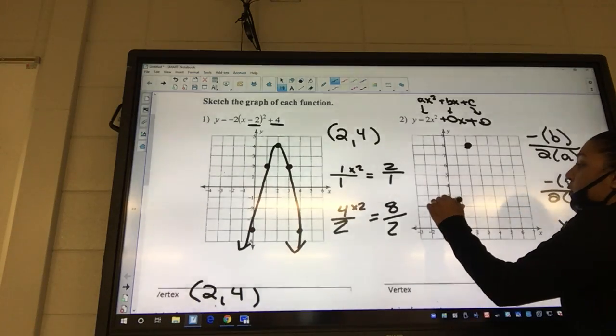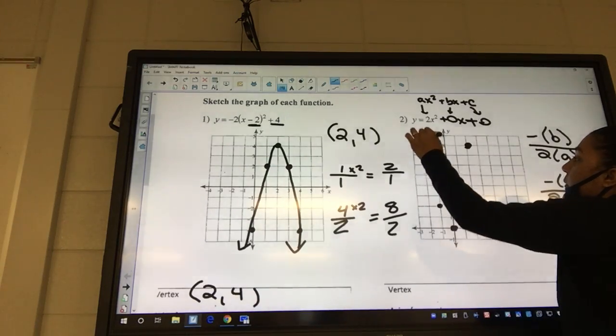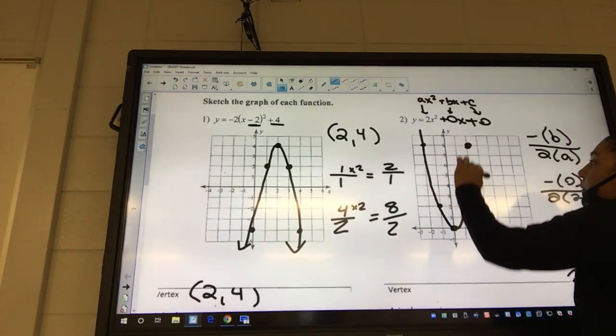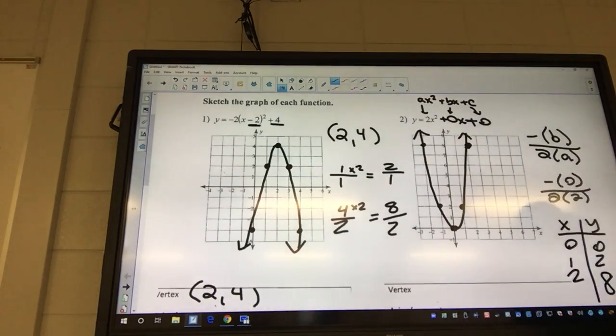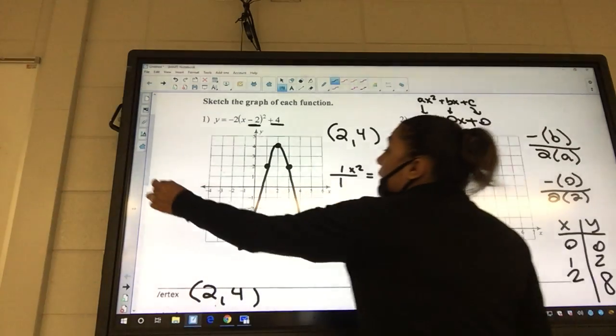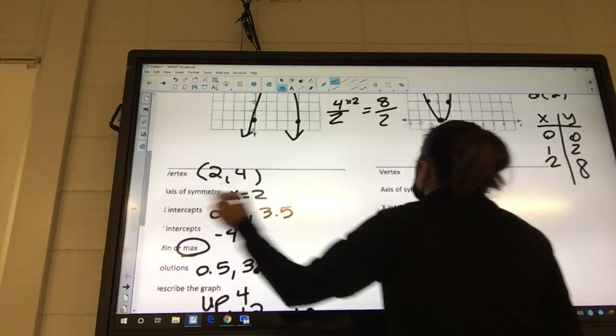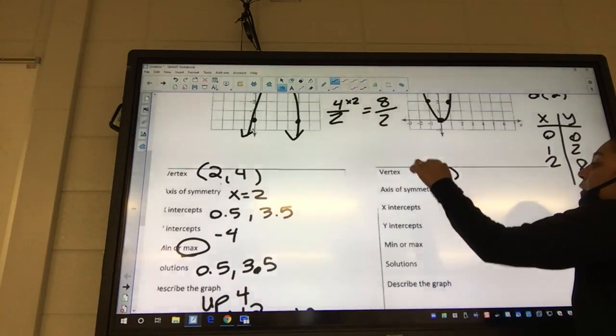We can mirror that over. So normally for one of them I put a mommy and daddy graph, and so it kind of is, but I just put a number up front. Okay, so what is the vertex? 0, 0. Axis of symmetry.